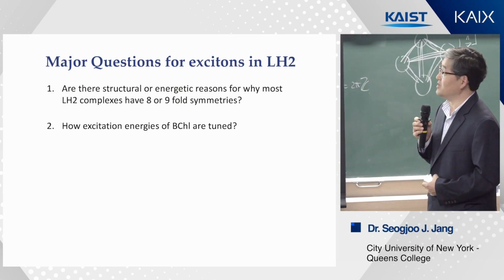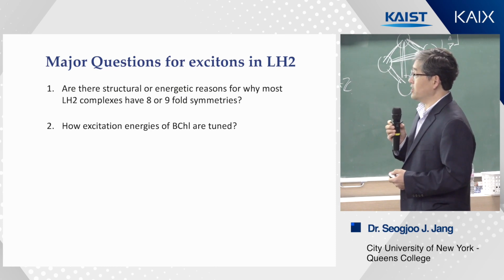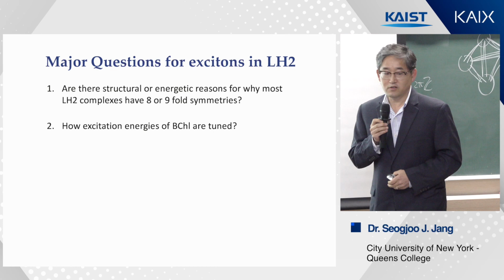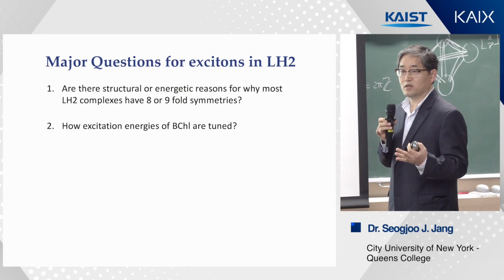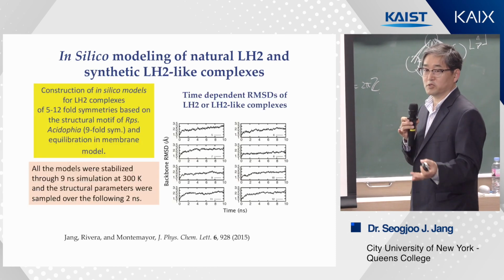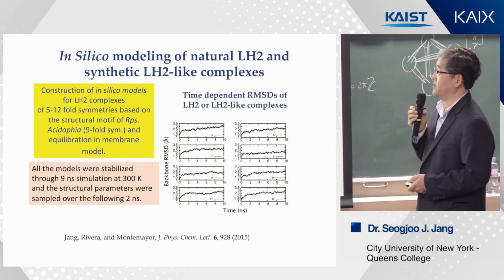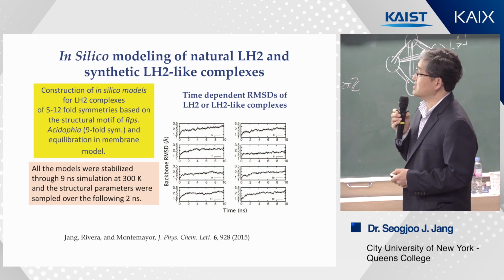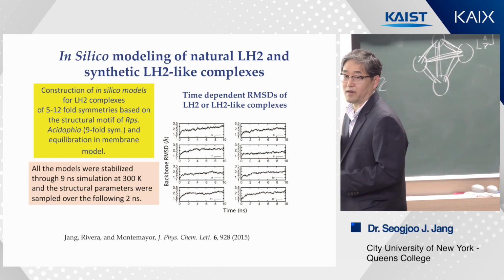No one really had that answer at that time. Also, it wasn't clear how some parts become 800 nanometer absorbers, whereas others become 850 nanometer absorbers, even though they consist of the same types of bacterial chlorophylls. So the question is how the excitation energies are tuned. What's the mechanism of that?